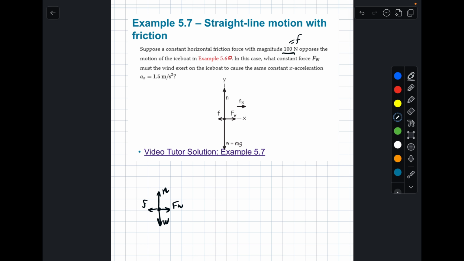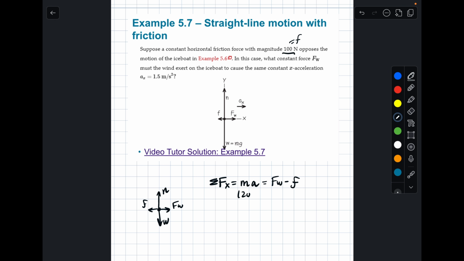Now, what is the constant wind force required to keep the same acceleration of 1.5 meters per second squared? Add up all the forces in the x, and that should equal the mass of the boat times its acceleration of 1.5. When we add up those forces, we have the wind force minus the frictional force.